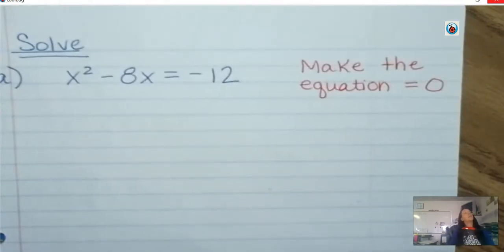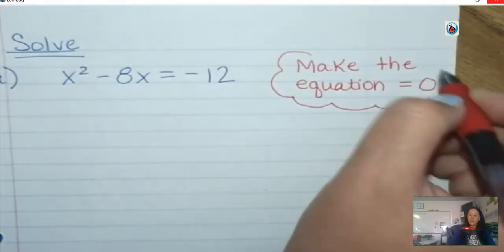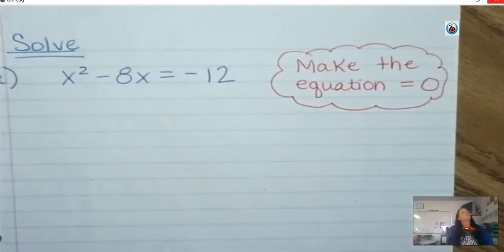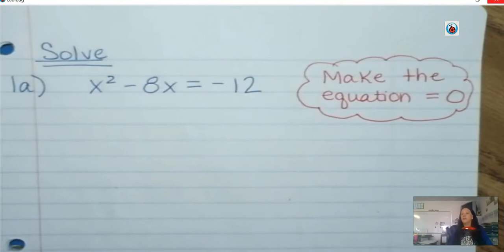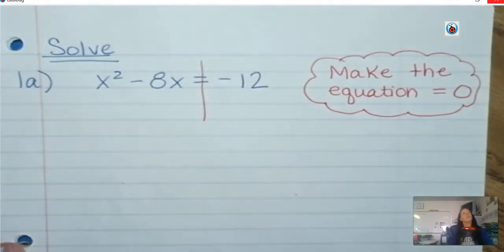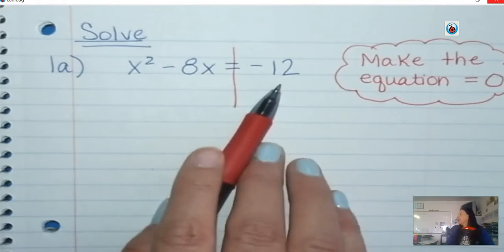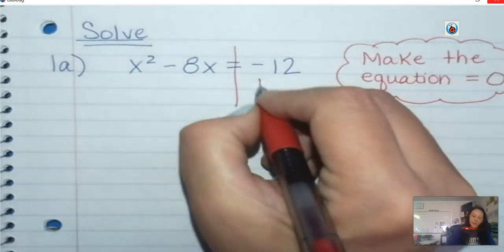So right now it says it equals negative 12. You can't do anything until you have it equal 0. So write yourself a note. First thing you have to do is have it equal to 0. So right now it says equals negative 12. So to get rid of negative 12, we're going to add 12.